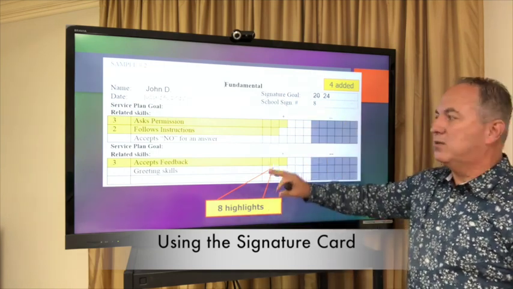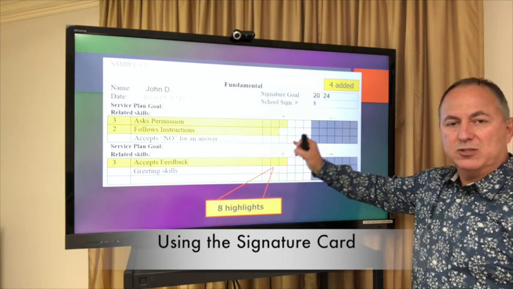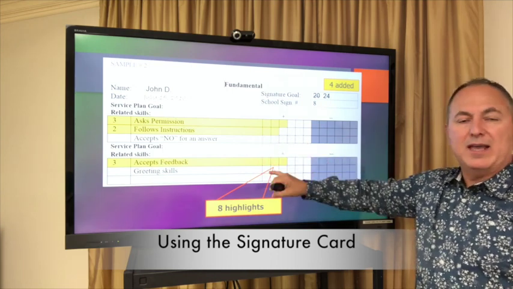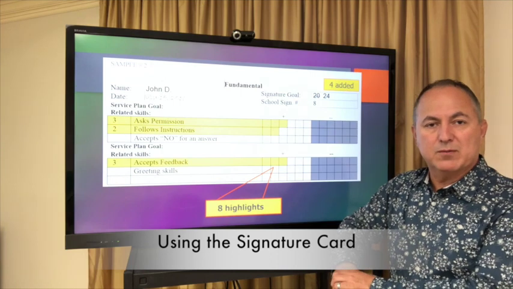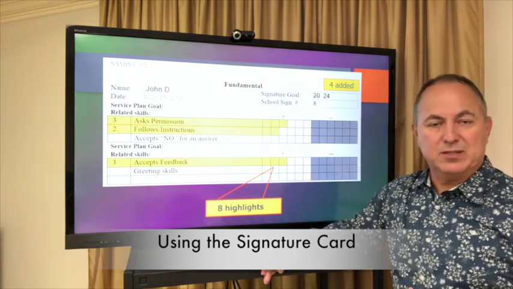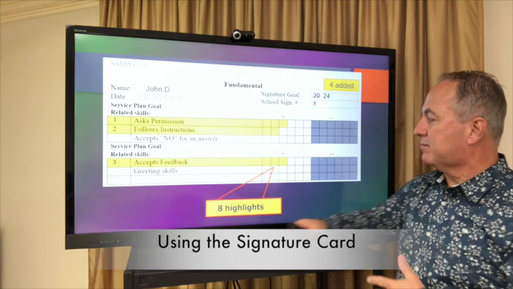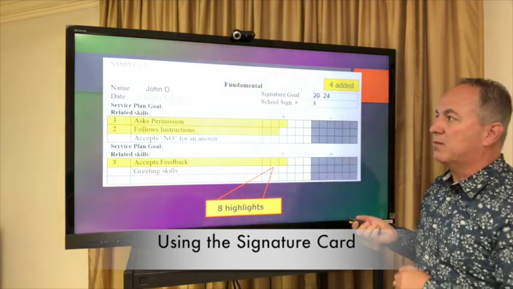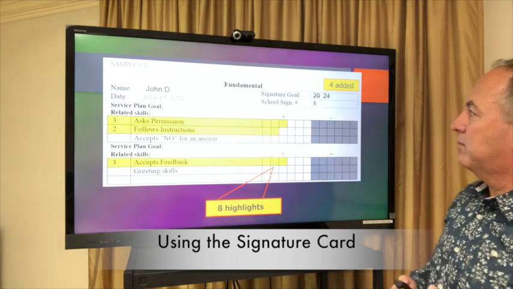However, John knows that as he goes through the day and earns signatures, if he can get these 8 highlighted boxes filled in with signatures, then he can begin to access privileges at that point in the day. So this is what John's signature card will look like as he starts his day.